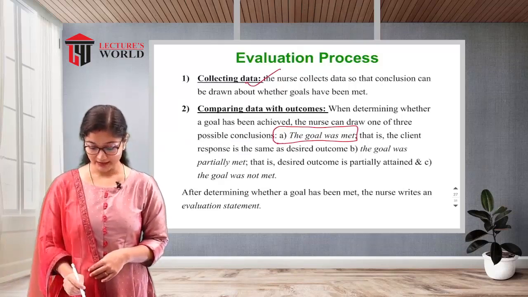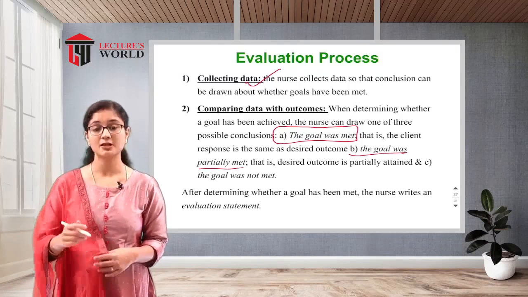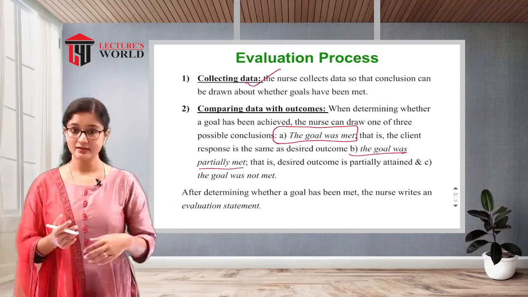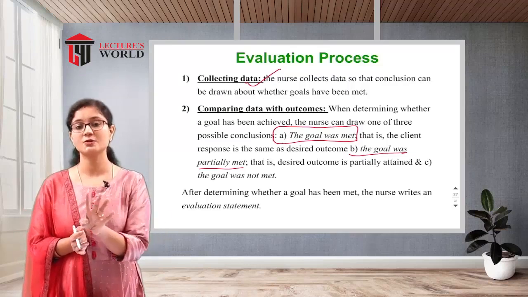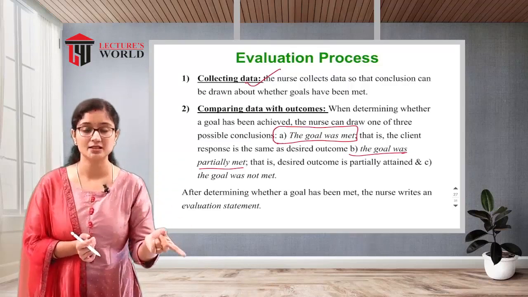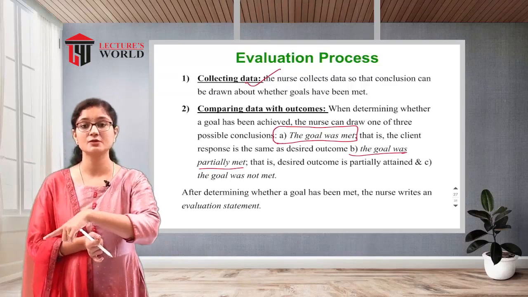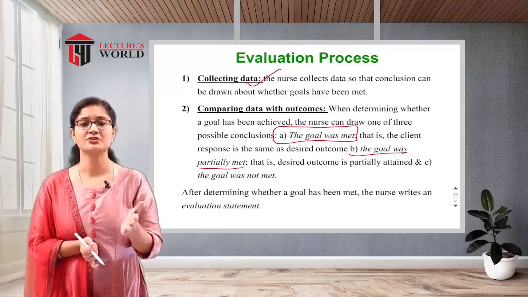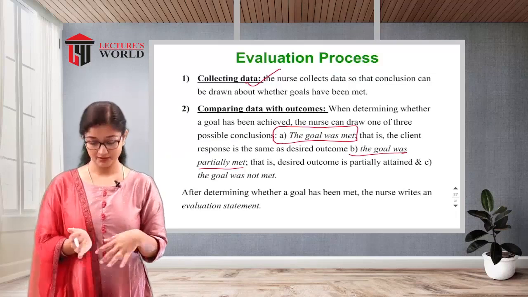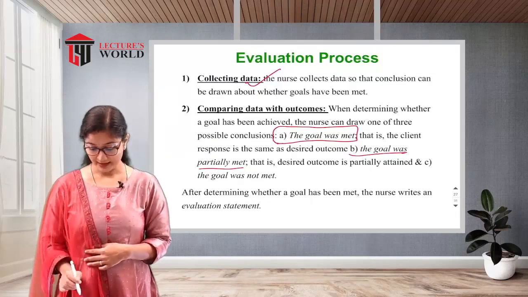Or the goal was partially met. For example, I checked after 1 hour and he says 4 on a scale of 0 to 10. I had planned 3 in the desired outcome, but he says 4. What will I write? The goal was partially met, meaning the desired outcome is partially met.